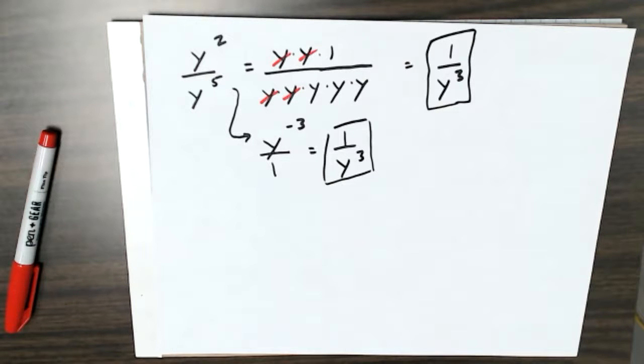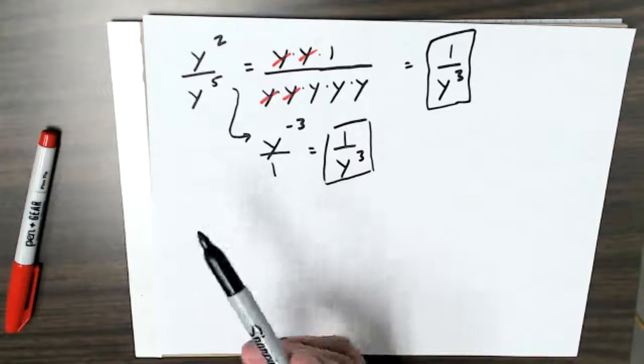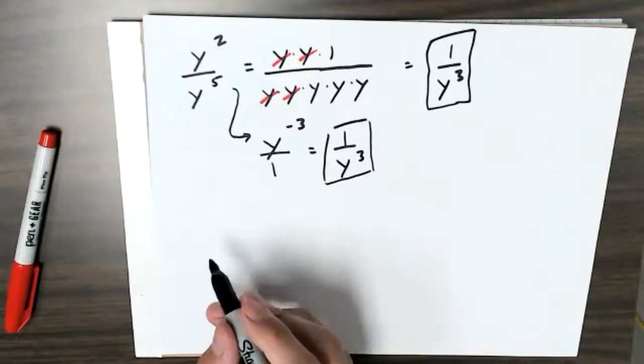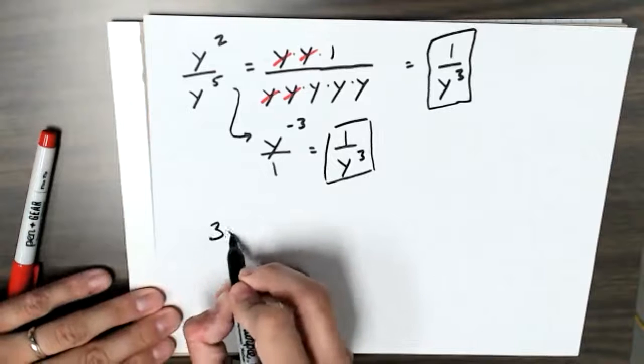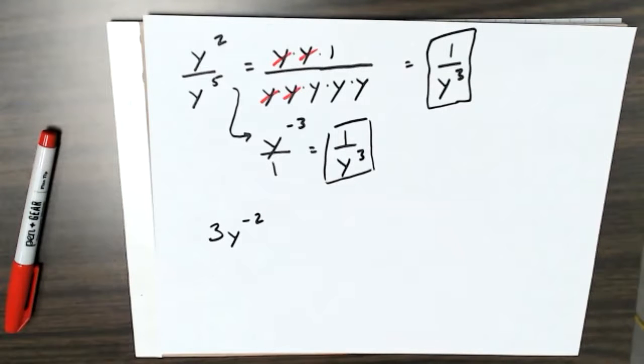Check out that pattern. Okay, so now we're going to look at just negative exponents and simplifying them. So if I had, let's say, 3y to the negative 2, and the question is going to say simplify or simplify completely.